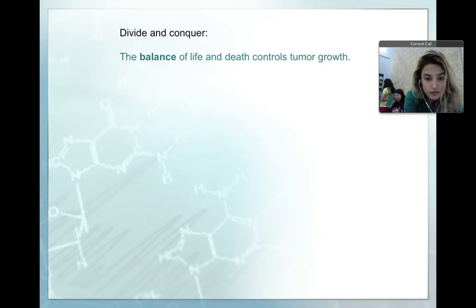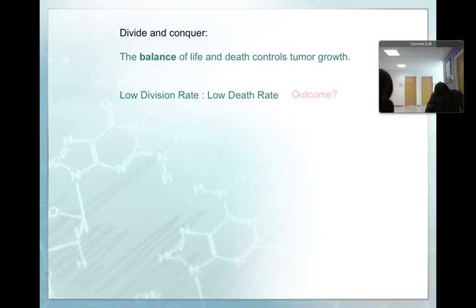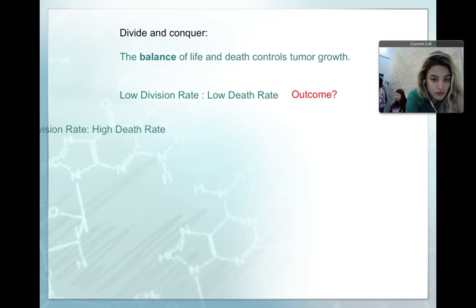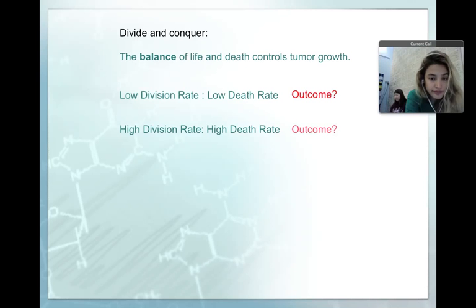Okay. So it's the balance of life and death that controls the growth of a tumor. So if you have a tumor cell or collection of cells that has a low division rate and it also has a low death rate, it's not going to grow very quickly. If you have one that has a high division rate, but it's also dying very quickly because the threshold is quickly being met, you also don't have a lot of growth.